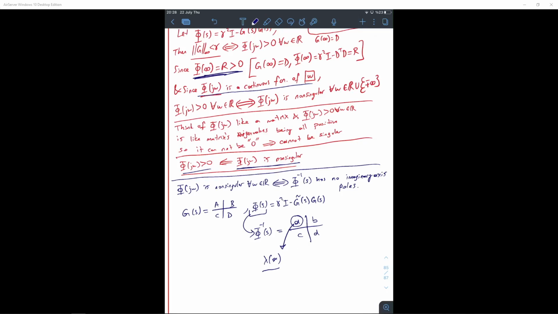Or rather, real part of them is not going to be zero, is what I'm trying to say. They are not going to be located here, here, here, here, right? Okay.